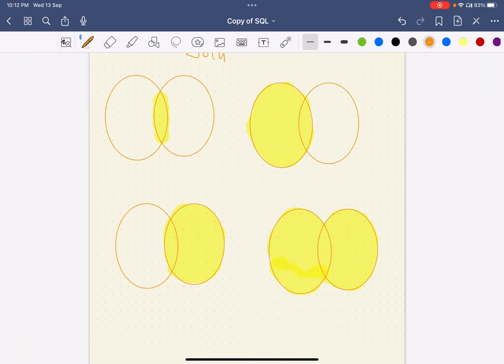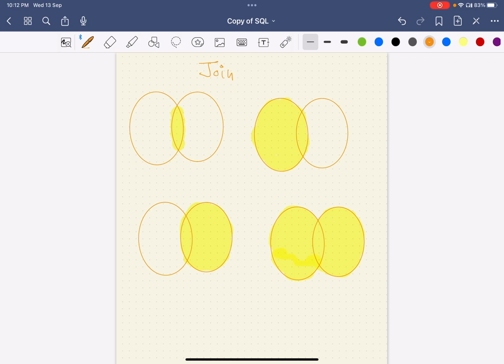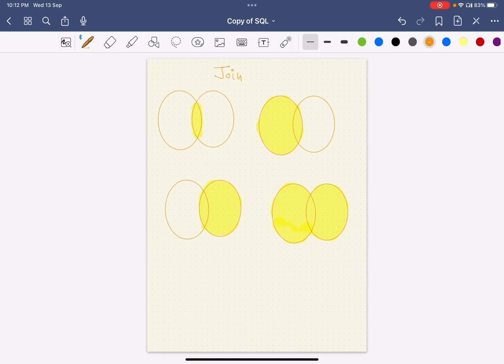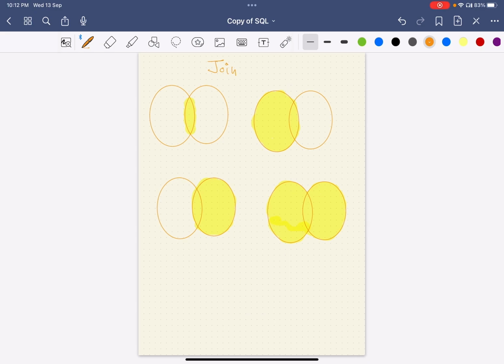Let's understand the join function. Let's suppose we have two tables. Let me give you one example. So yeah, let's suppose you have two tables.